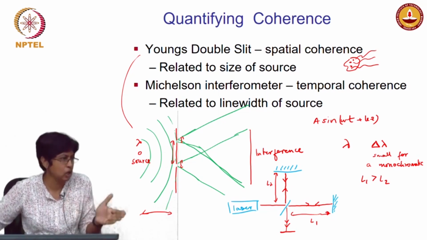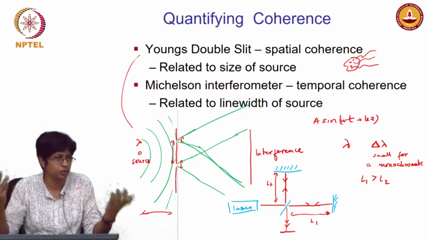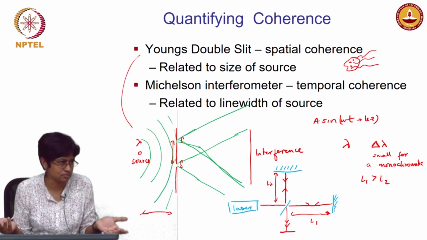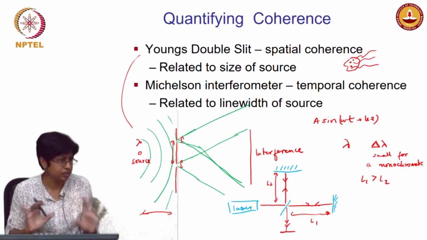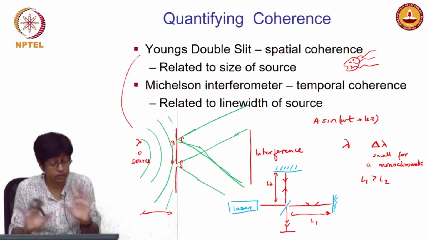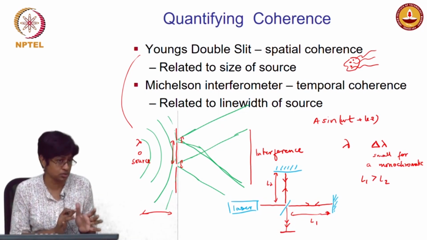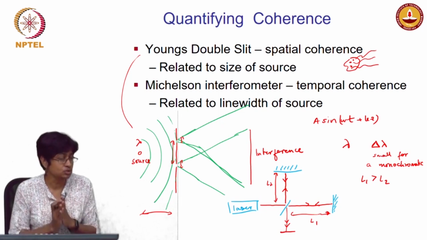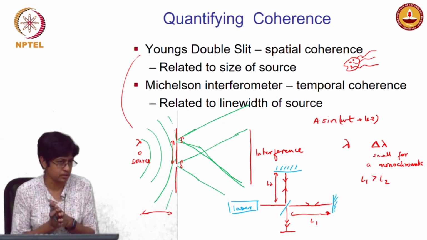And at some point I may not see interference anymore if I go beyond the temporal coherence of that source. Okay? So I hope you can see the difference between these two types of interferometers. Both are interferometers, both are creating two sources out of a single source. One allows you to study the spatial coherence, one allows you to study the temporal coherence.